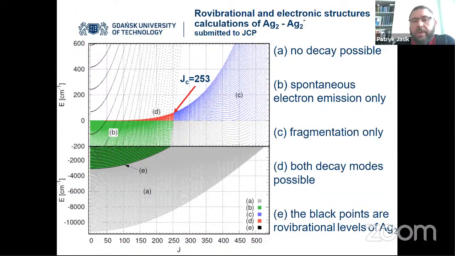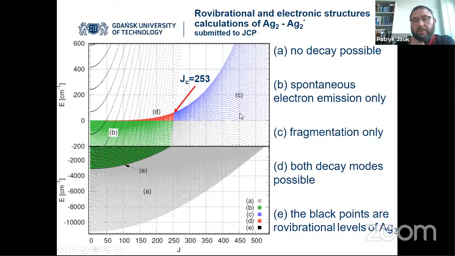for which we can observe two possible decay paths. One is fragmentation, and the other one is spontaneous electron emission. So the green part is connected only with spontaneous electron emission, in this red part two reaction channels are open, and the blue part is connected only with fragmentation.